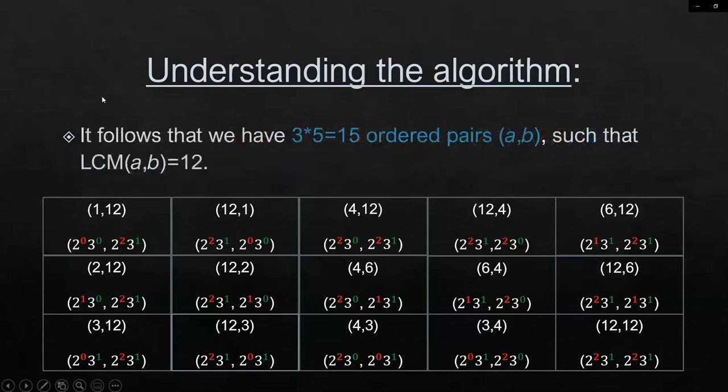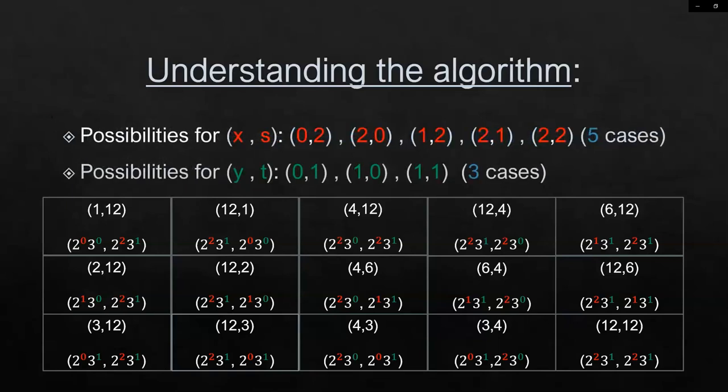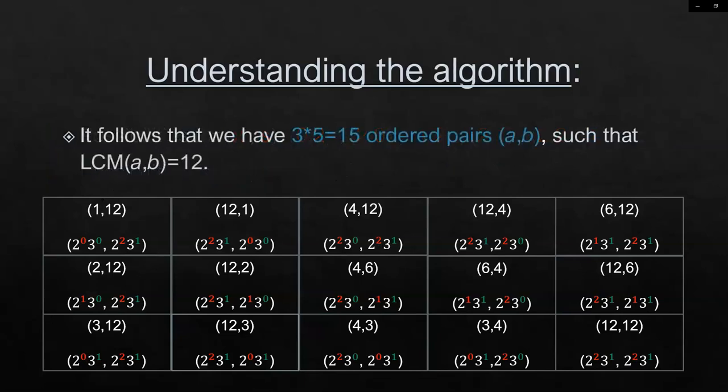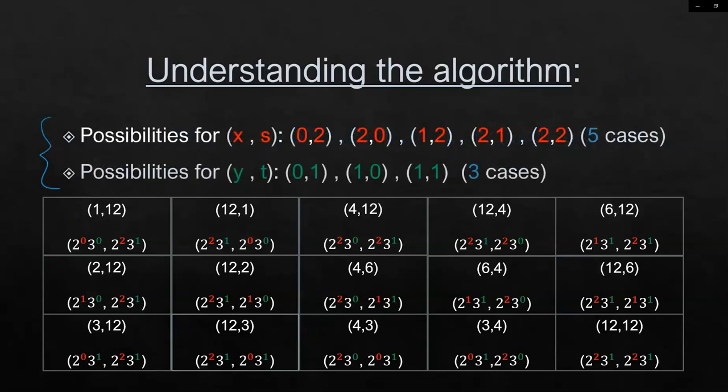I have just grouped them up for you. These are the possibilities for the pair x comma s, for the exponents of 2. If you keep going, you are going to arrive at these cases. There is no other case here.